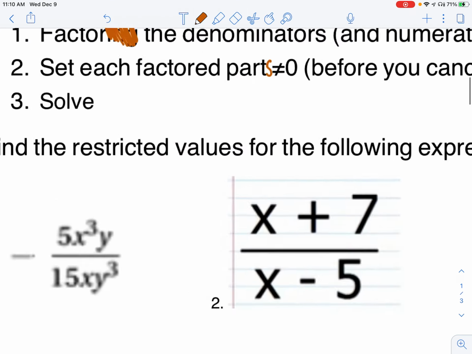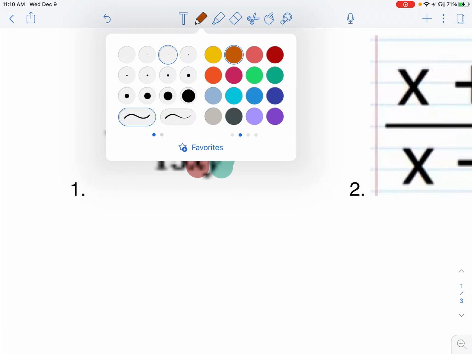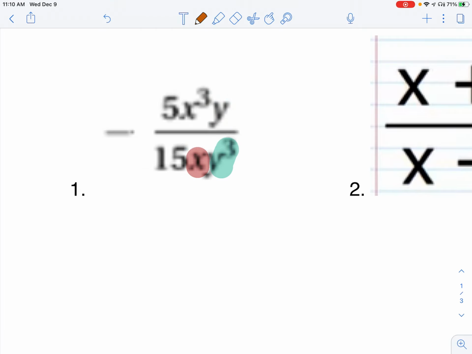I just went online and found some random expressions that had variables in the denominator. So I'm going to focus on this denominator, and on the different variables that make it up. We'll set the first one, x. This can't factor, so I know that x to the first power is not allowed to equal 0.